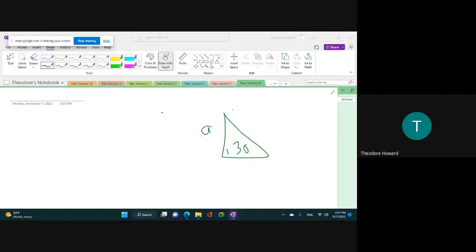Your short leg is going to be just X. Your long leg is going to be X times the square root of 3. Your hypotenuse is going to be 2 times X. Keep that in mind.